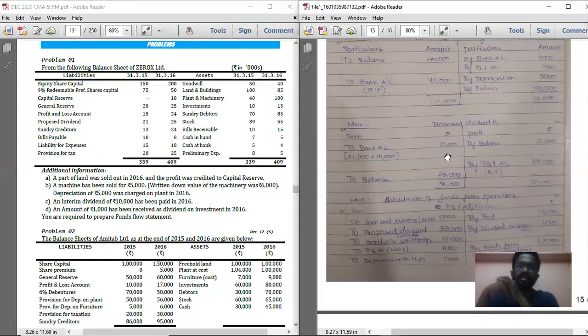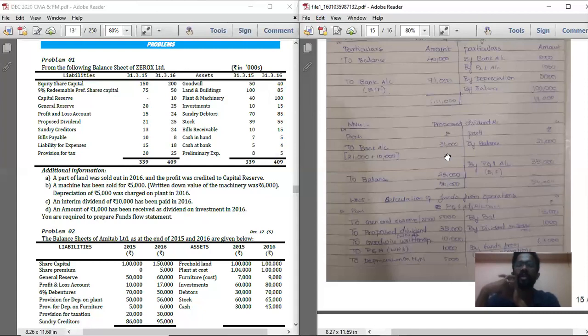Now total the debit side: 31,000 plus 25,000 is 56,000. Bring the total to the credit side. Credit side also totals 56,000. So with that we have calculated the total.